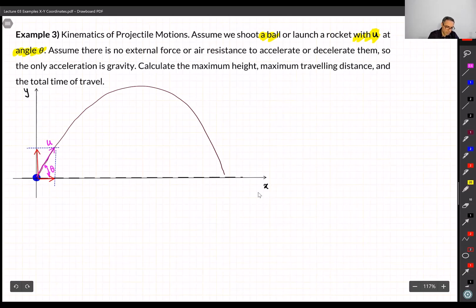We know the X is going to be u cosine theta and Y is going to be u sine theta. Nothing special about it. Now let's study X and Y independently. Let's first start with the X direction and study the motion in the X direction.